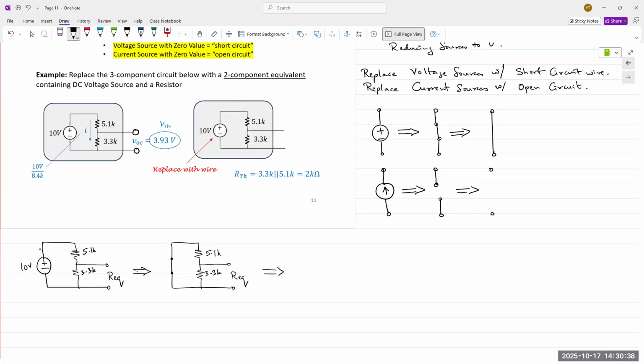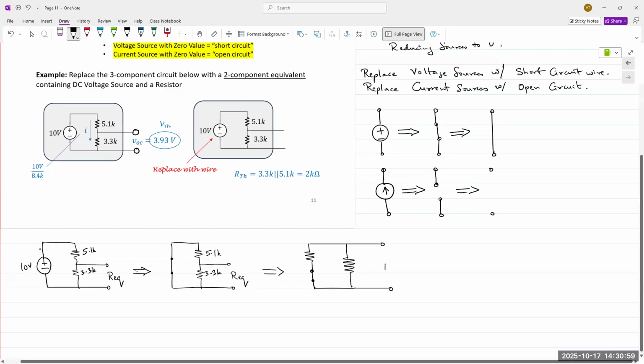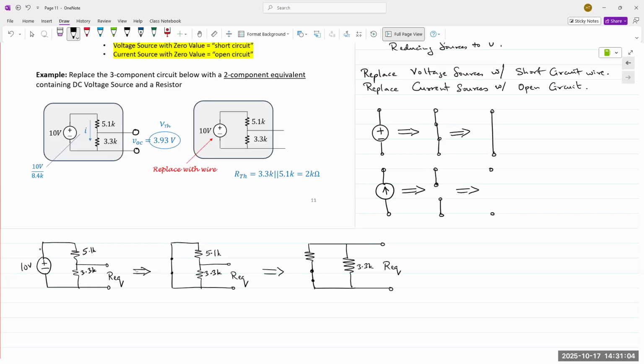Because the voltage source is replaced with a short, I can say effectively the 5.1 and the 3.3 kilo ohm resistors are in parallel. So calculate REQ. Take out your calculators. Let me know what value you obtain for REQ.